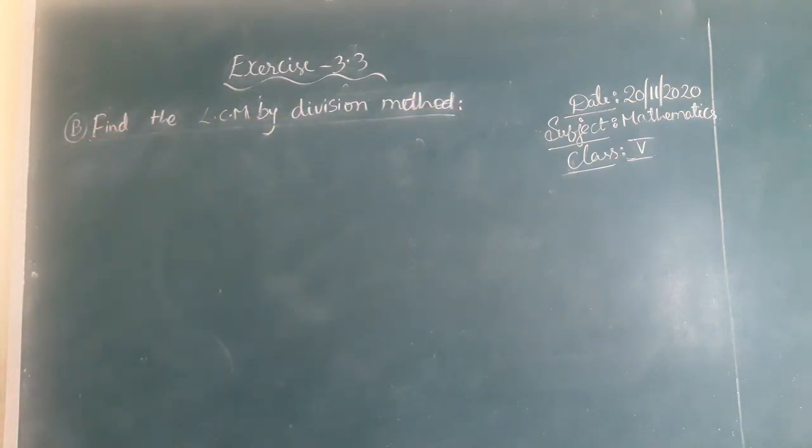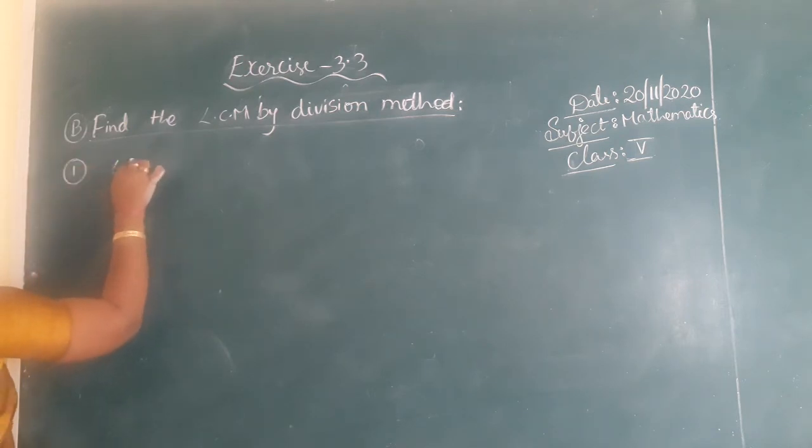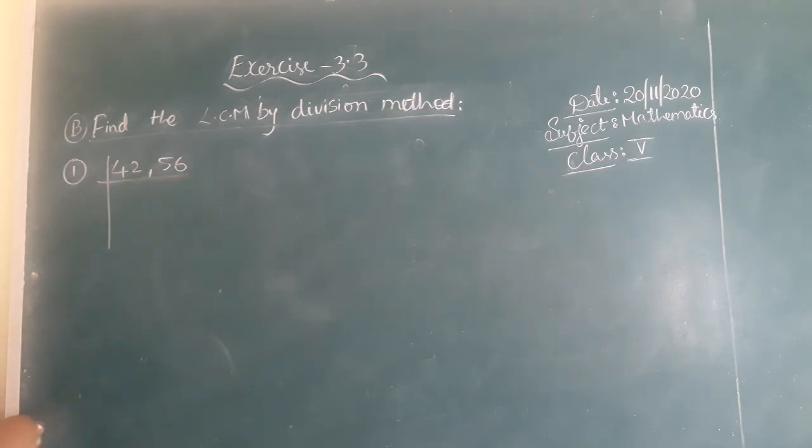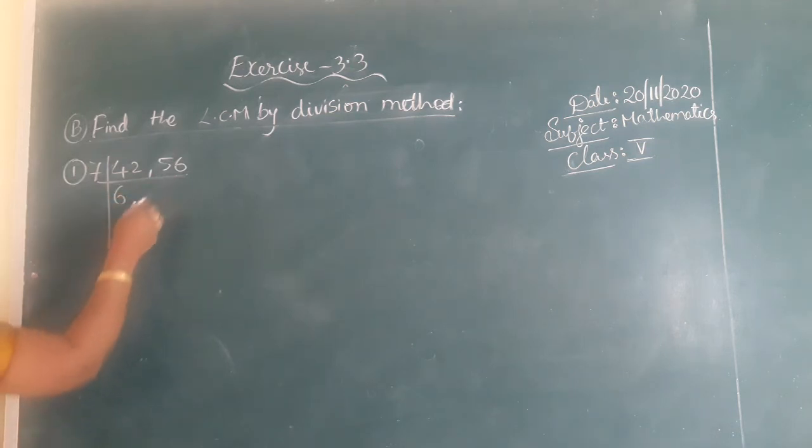Okay, see that. First one, 42 and 56. How will you find the LCM by division method? The number which you have to take should be common for both the numbers. So 42 and 56 you can see in 7 table: 7 6s are 42, 7 8s are 56. 6 and 8 you can see in 2 table: 2 3s, 2 4s.